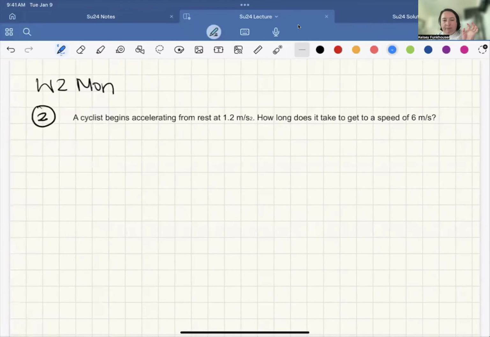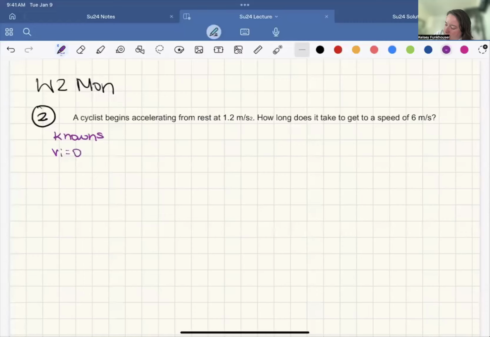So now problem 2 will be shorter because we don't have to make a plot. Okay, so for this one, we have a bicyclist who begins accelerating from rest at 1.2 meters per second squared, and we want to know how long it takes them to get to a speed of 6 meters per second. So let's go knowns.